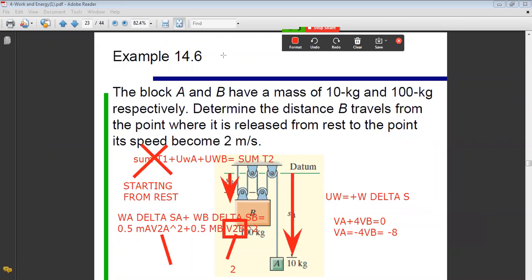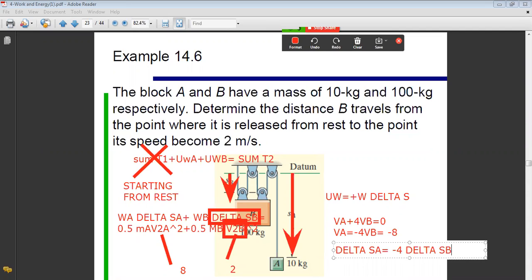Now, we still have two unknowns, which are delta SA and delta SB. Our final purpose is to find the distance traveled by B. So what we need to find is delta SB. To remove delta SA, we can express it as a function of delta SB, because we have also demonstrated from the relation between the motion of A and B that as we wrote VA equals minus 4VB, we can also write delta SA equals minus 4 delta SB.